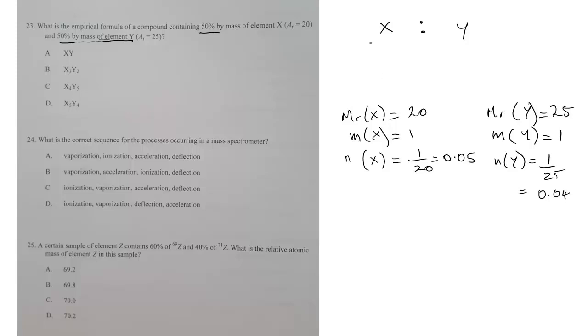I'm going to write them down here, 0.05 and 0.04. And then we just divide by the lowest, which is 0.04. So we get 1.25 to 1. And then we times all of that by 4, and we get 5 to 4. So the answer in this case will be D. X5, Y4.